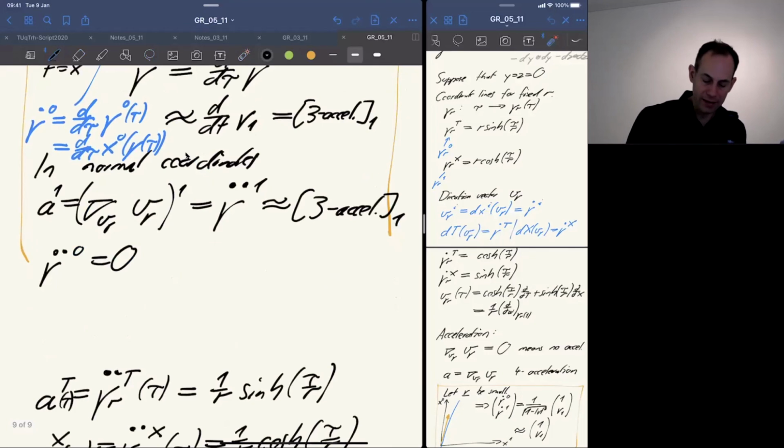This implies that the length of the acceleration vector, gamma double dot, is what I look at now. What's the length? The length is this g, and I need to insert it twice.